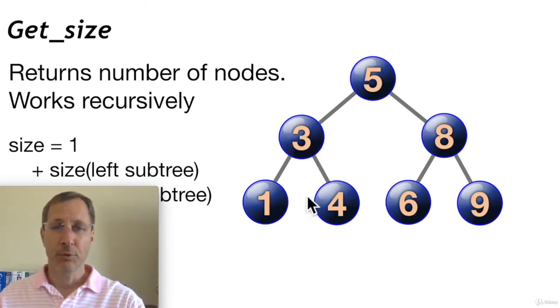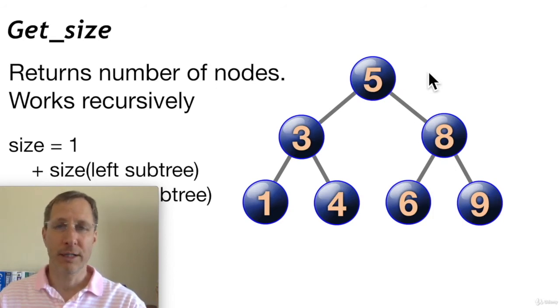The size of the 3 subtree is 1 plus the size of 3's left plus the size of 3's right subtrees. So we call the getSize function recursively as we descend down the tree, and eventually we get down to leaf nodes and return a 1. This is a leaf node, size equals 1. And all those 1s get added back up as we retreat back from the call stack.